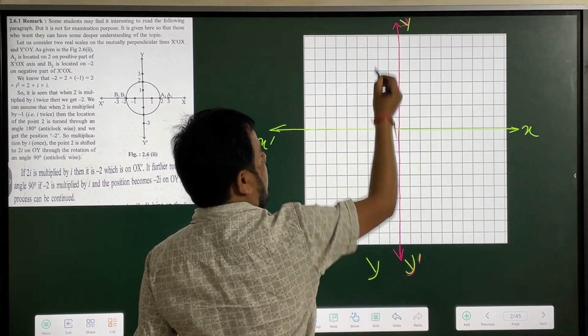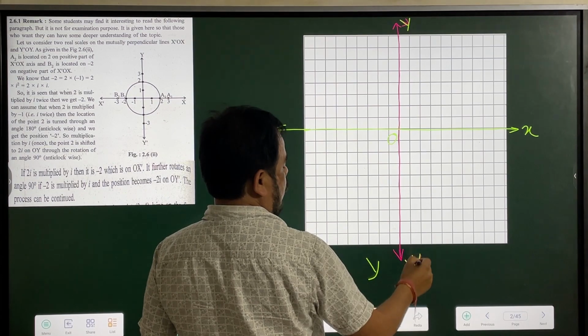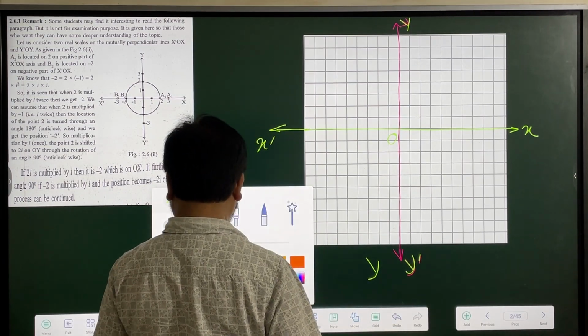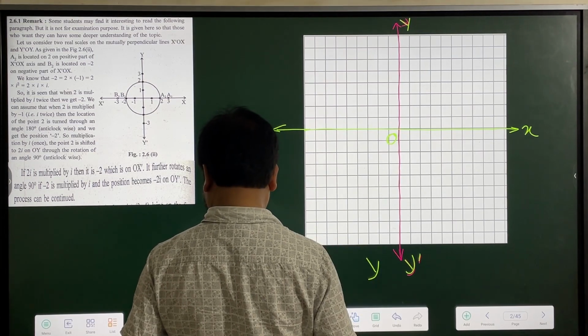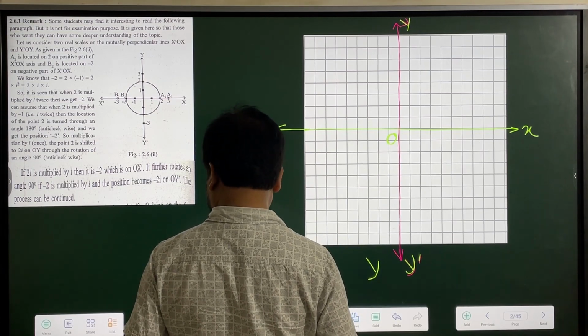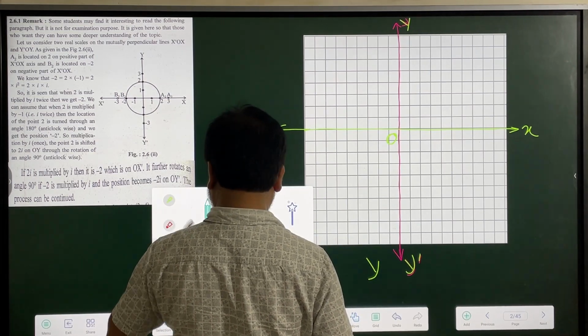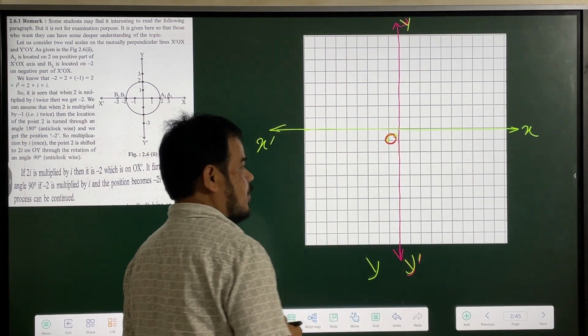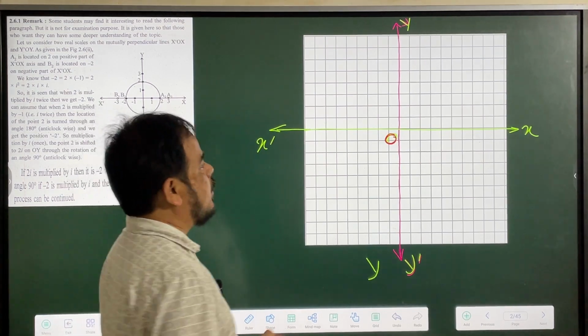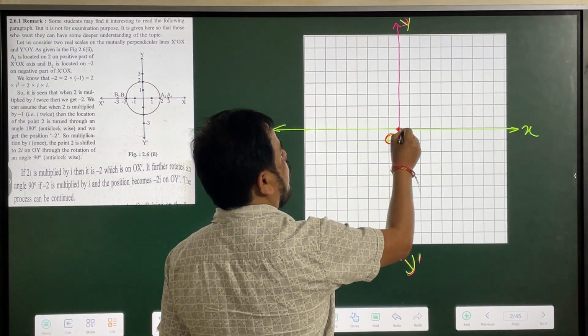What we always write is YOY'. This is Y'. Sorry, O is the origin. This is called the origin. O means origin, that you already got.